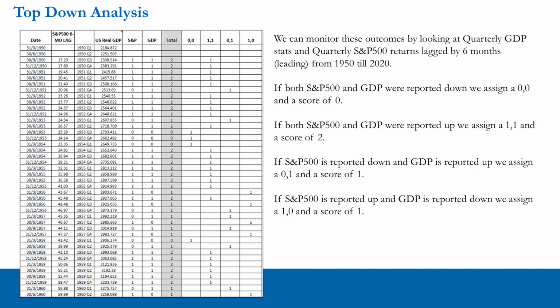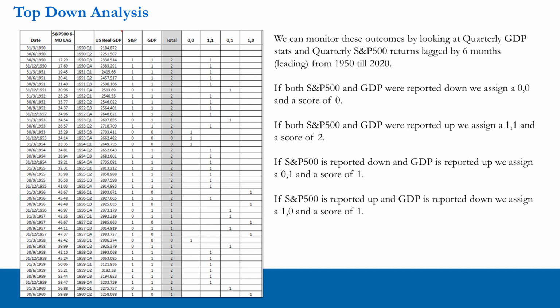What we also do is we record a total for S&P and GDP data. So in this example, in Q1 1956, the S&P was up, so we had a 1 score. GDP was down, we had a 0 score. Therefore, the total is 1. If we were looking at the row above, which is Q4 1955, we have a 1-1 situation, so the total is 2.